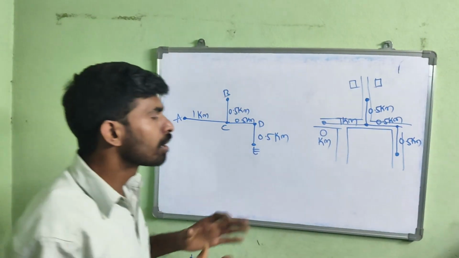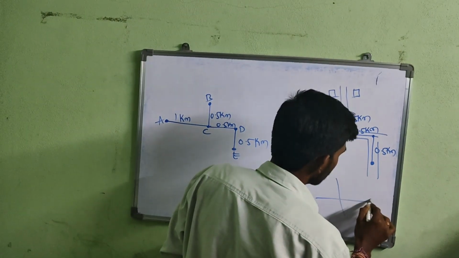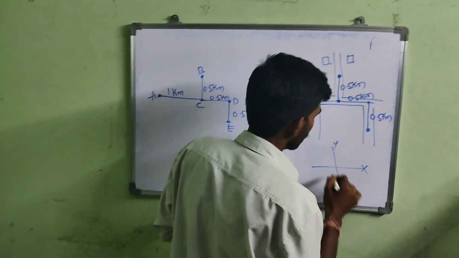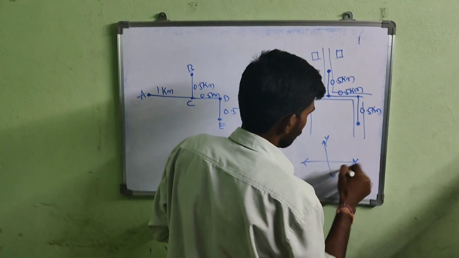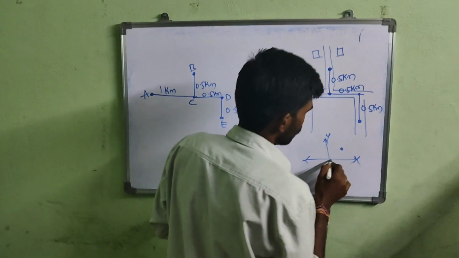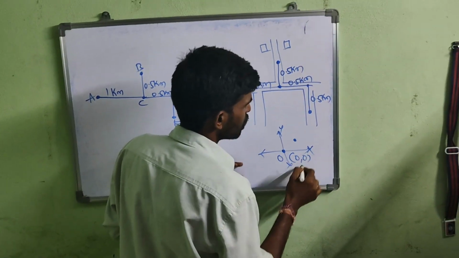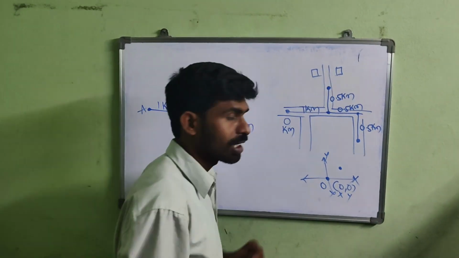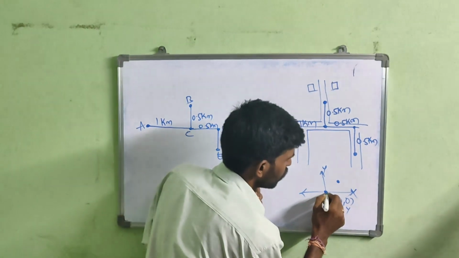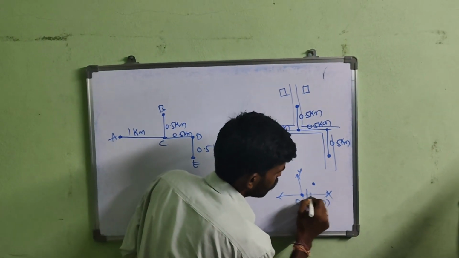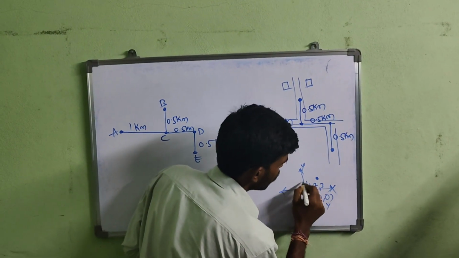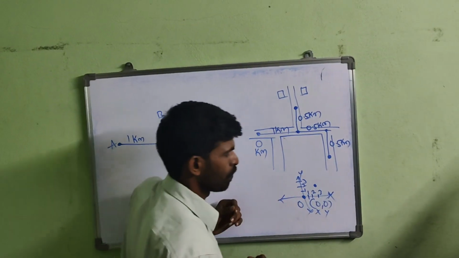Okay, in the graph I told you, there are x and y axes. At the center is O, 0 comma 0, that is x and y as 0 comma 0. For example, here 1 is there, 2 is there, 3 is there. Here 1 is there, 2 is there, 3 is there.